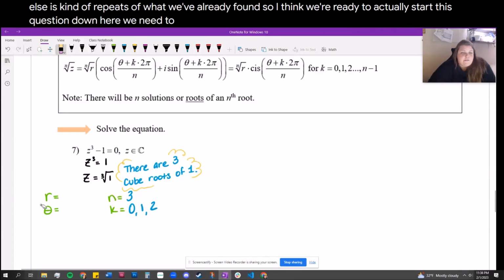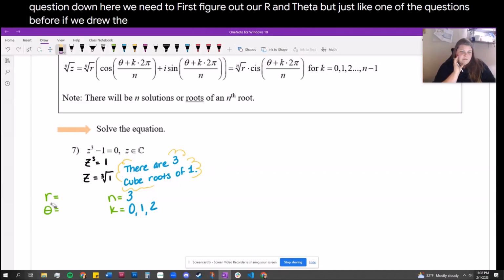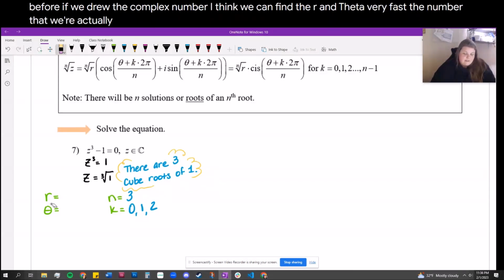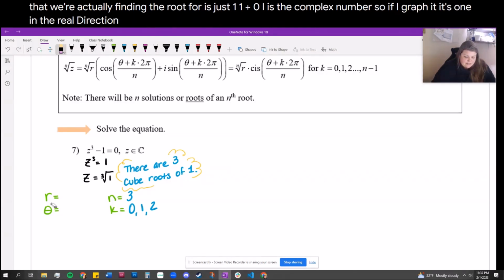Down here, we need to first figure out our r and theta. But just like one of the questions before, if we drew the complex number, I think we can find the r and theta very fast. The number that we're actually finding the root for is just 1. 1 plus 0i is the complex number. So if I graph it, it's 1 in the real direction and 0 in the imaginary direction.